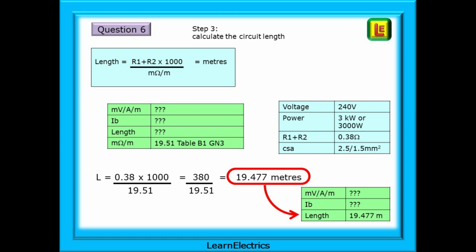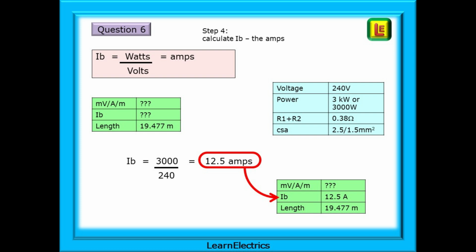Move on. Step 4. Calculate IB, the amps. 3 kilowatts is the same as 3000 watts, and the question tells us that the voltage to use is 240 volts. So IB is 3000 divided by 240, and we have 12.5 amps. This can go into the data table too.